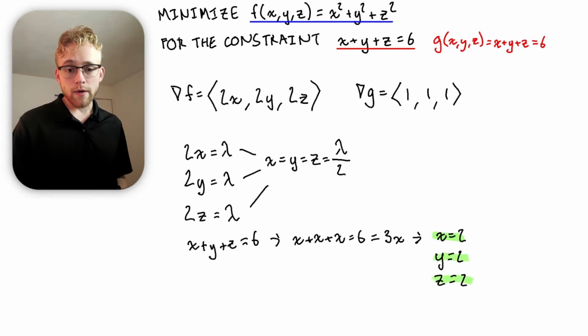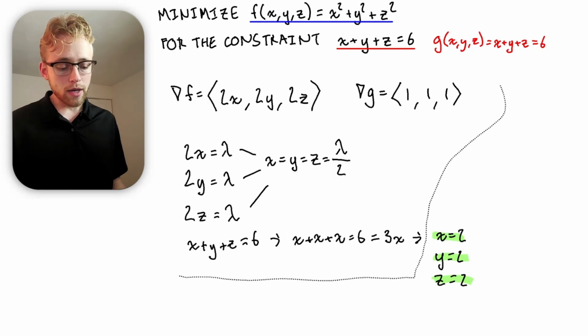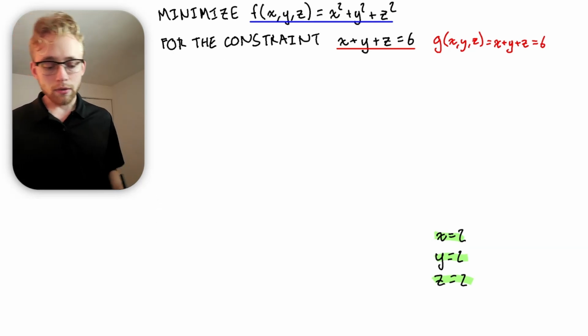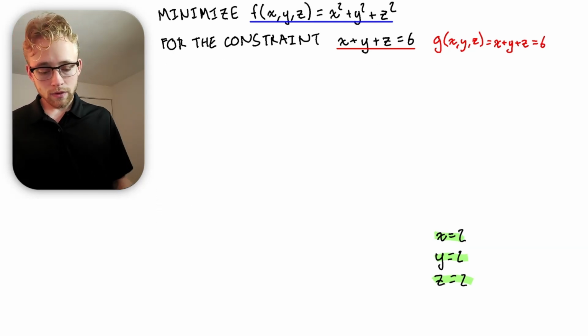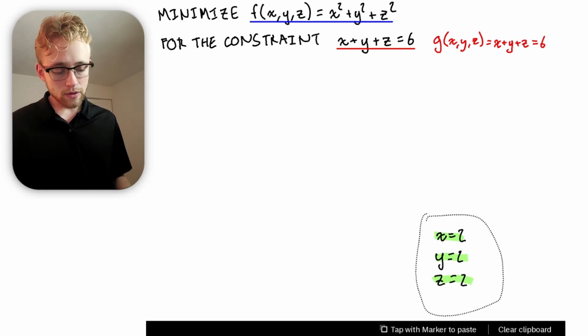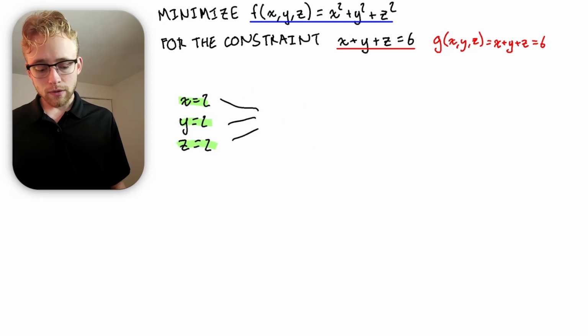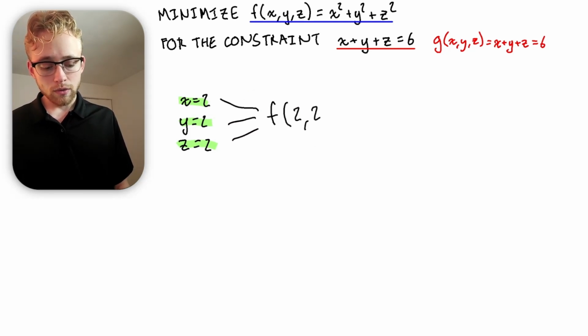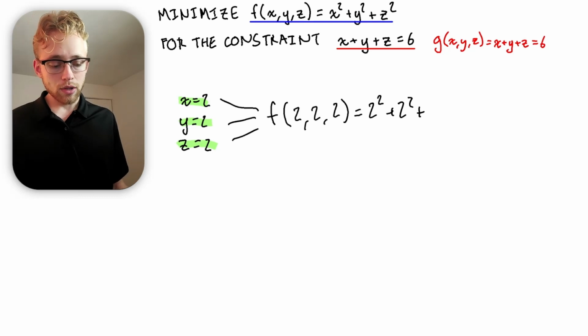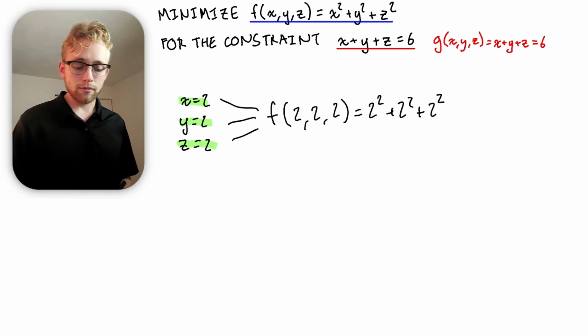Now that we've found all of our values, what are we going to do? We're going to plug them back in to our original equation. Let's grab these values and bring them up here. All of these values are going to go into the f function. We have f of 2, 2, 2, which is equal to 2 squared plus 2 squared plus 2 squared.